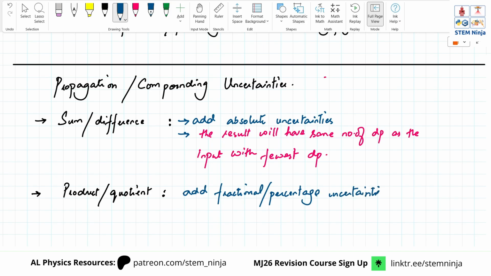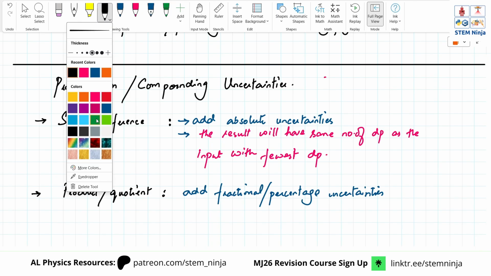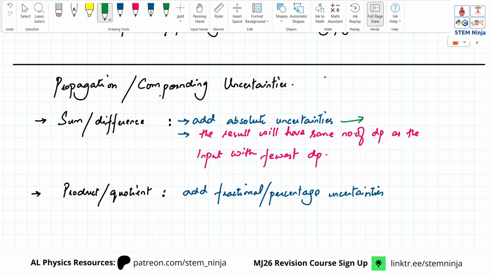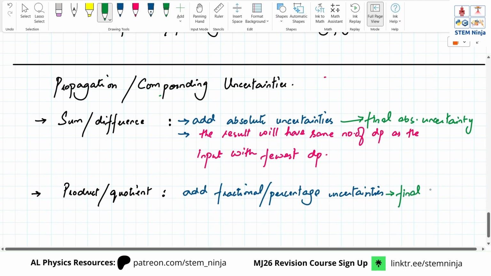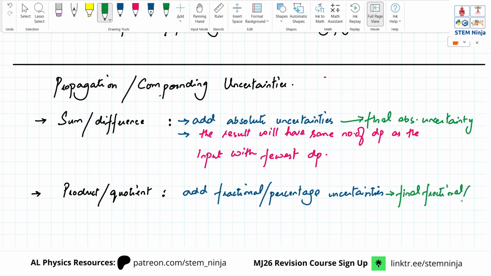But if you notice both of these, they are giving us two different things. One is giving us final absolute uncertainty. The other one is giving us final fractional or percentage uncertainty.